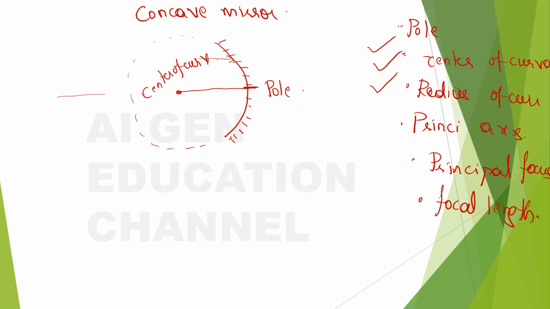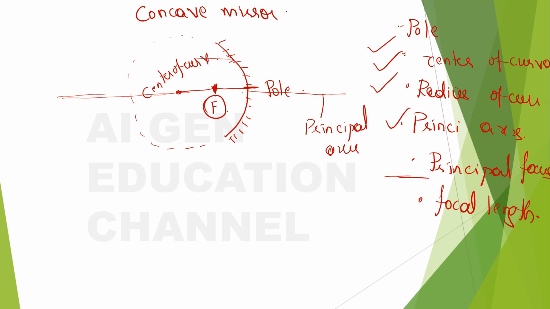Now when you have a line joining the center of curvature and the pole, it will be called what? Principal axis, right? So easy. Now how about the principal focus? The midpoint of pole and center of curvature is called the principal focus F. And what is the focal length?